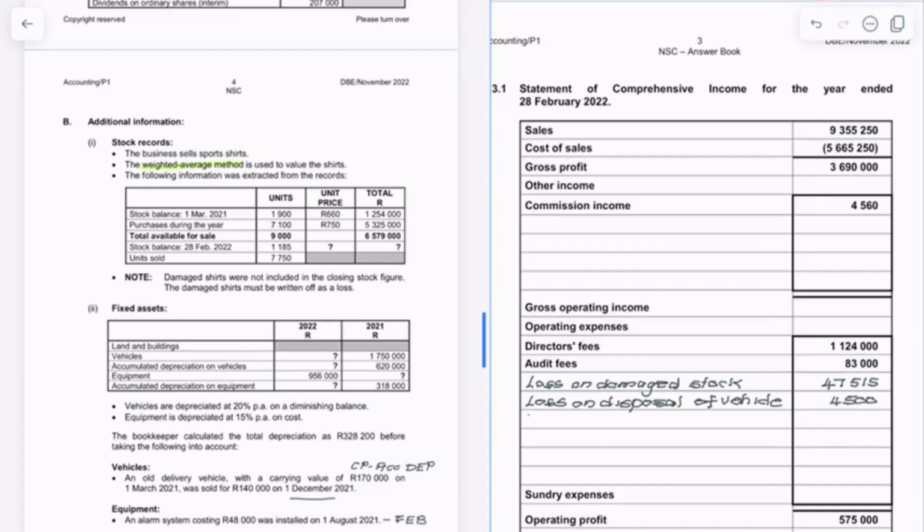And lastly, we need the depreciation. And that figure was 357,900.